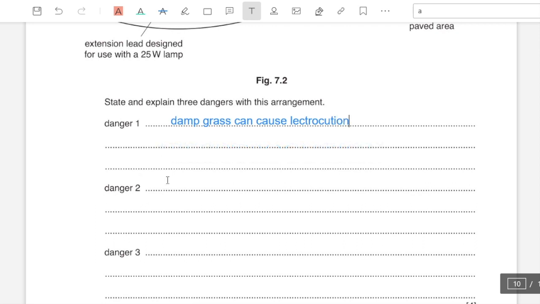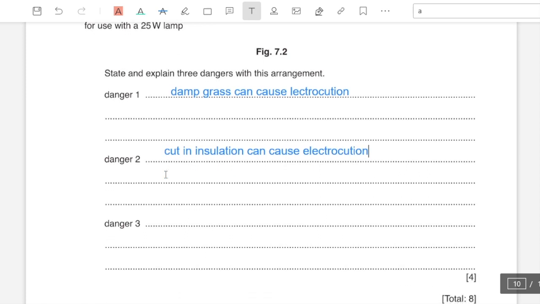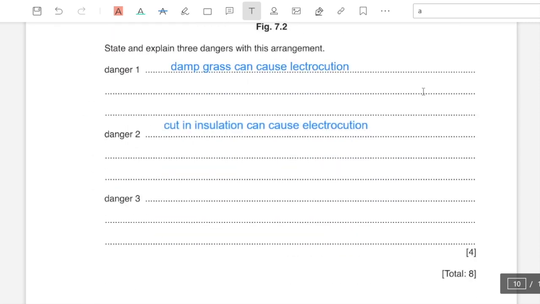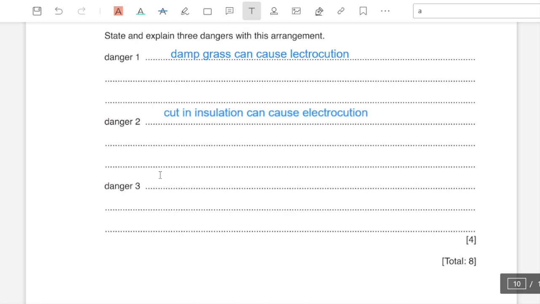Again, the cut in insulation can also cause electrocution. And the third one can be overheating of the lead over here because it can sustain 25 watts. However, the electric heater needs 3 kilowatts, so this is going to be quite a burden on the lead.